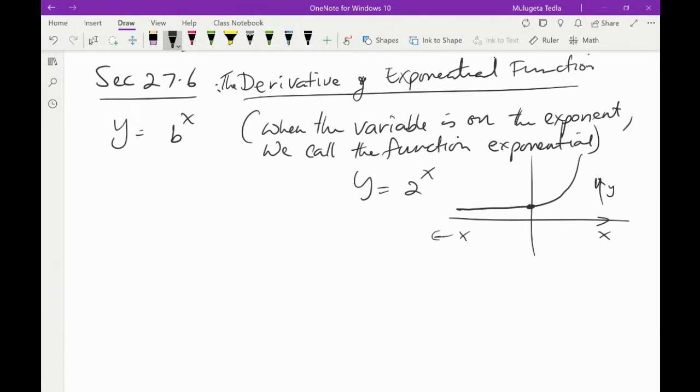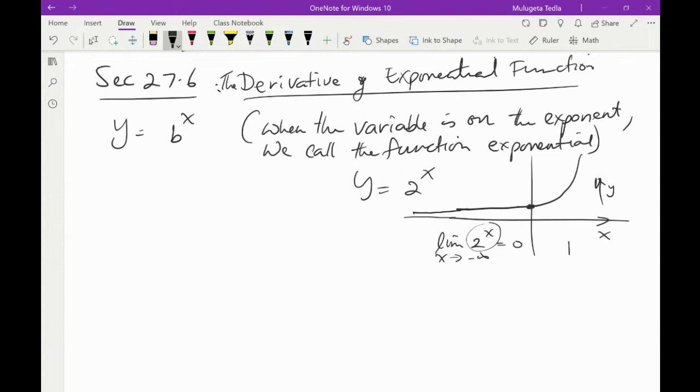What I'm saying is the limit of 2 to the power of x as x approaches negative infinity is 0. If you go to the left indefinitely, then the limiting value for y would be almost 0. That's why this is going closer to 0.